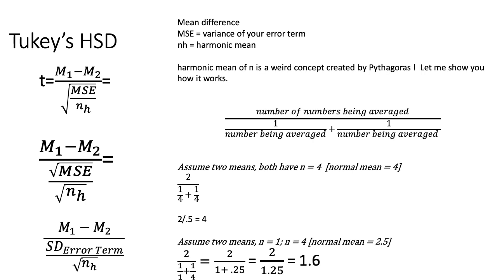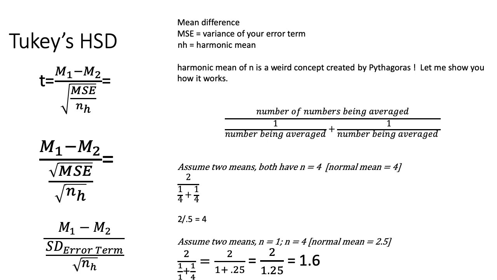That's 2 over 1 plus 0.25, so 2 over 1.25 equals 1.6. Our normal mean would have been 2.5. So the harmonic mean really is disadvantaging unequal sample sizes, because unequal sample sizes lead to all sorts of weird examinations of numbers. Particularly, I would argue that's kind of true for the bowling examples that we've had in the past. But ultimately, this is how it works.